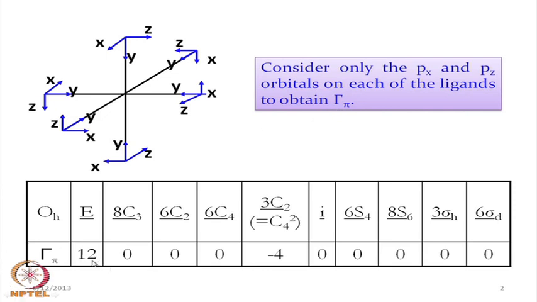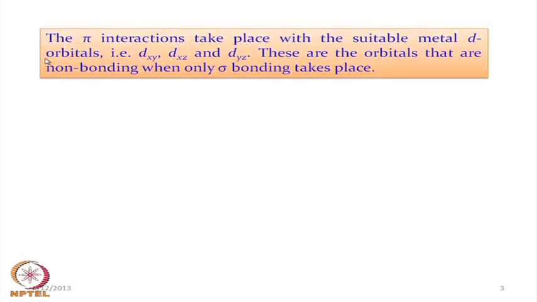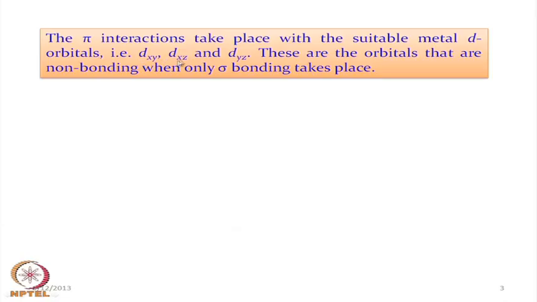So, these 12 orbitals from the ligand side will now be involved in the formation of pi bonding interactions with the metal. How these pi interactions take place with the metal d orbitals we can see. In our previous consideration of sigma bonding interactions, we have seen that we do not have any matching orbitals for the dxy, dxz and dyz orbitals, and they remain as non-bonding orbitals from the metal side during the sigma bonding interactions.